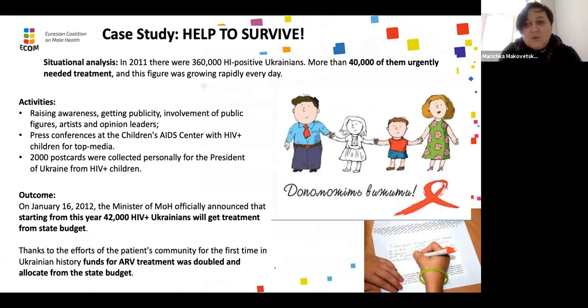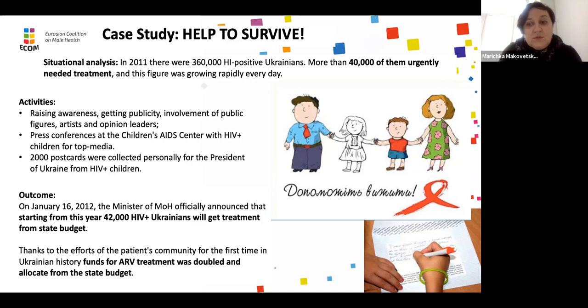And I want to show you a small example from Ukraine. I picked an example from 2011-12. At that time, we had a very bad situation with HIV drugs. We had 300,060 HIV positive Ukrainians living in Ukraine in 2011, and more than 40K of them urgently needed treatment.